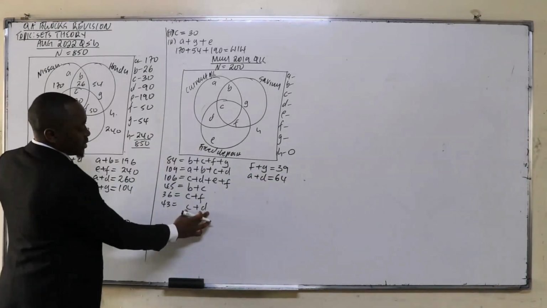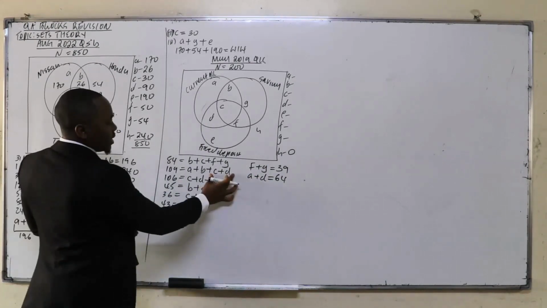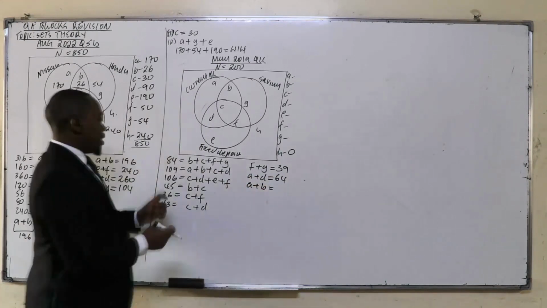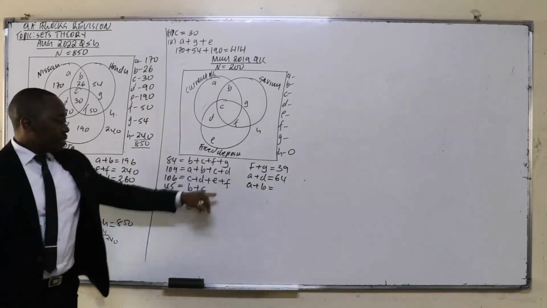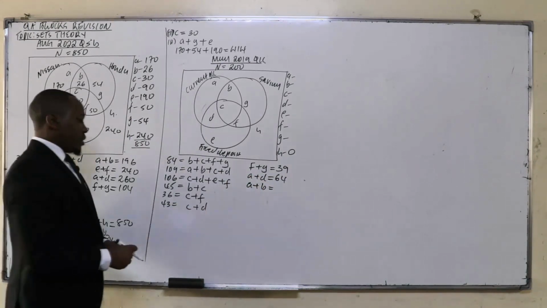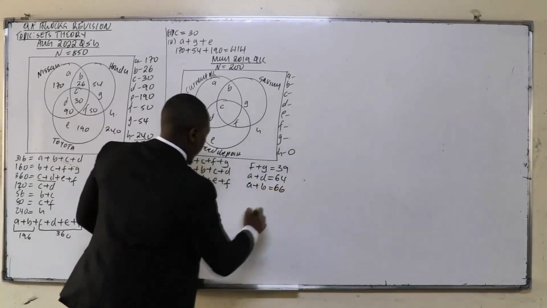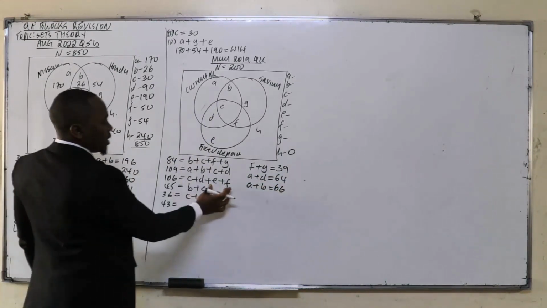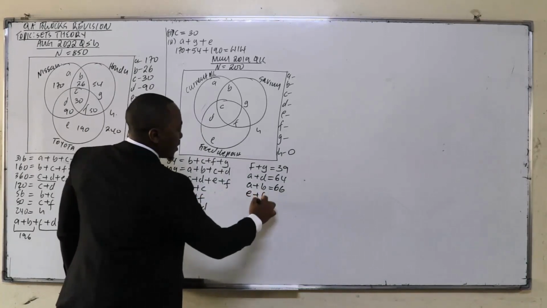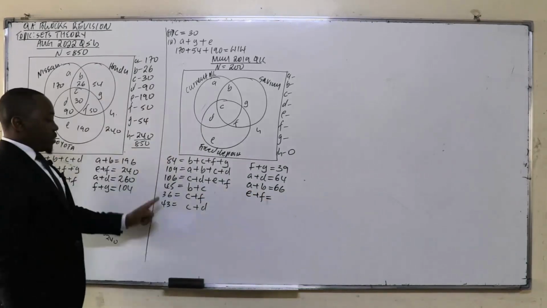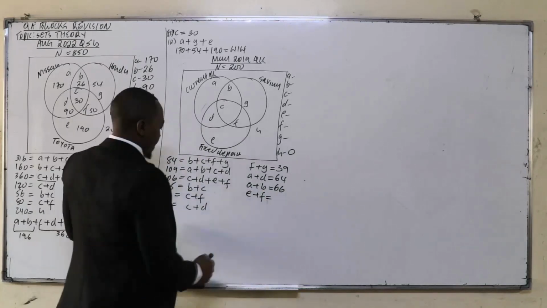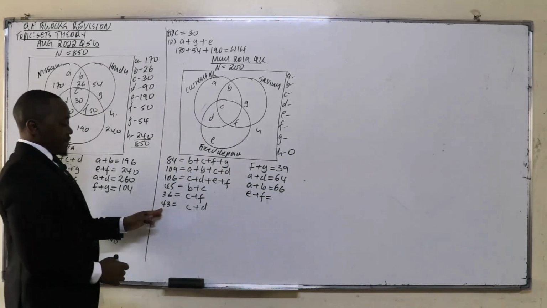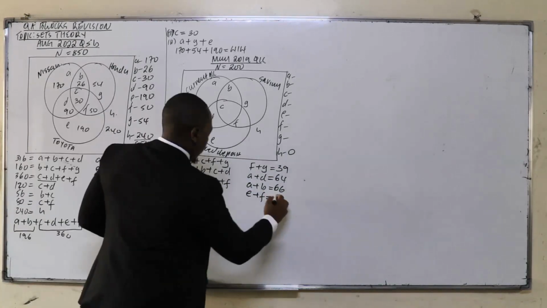Here we have CD. CD, that means we can get A and B. So to get A and B, you take 109 minus CD, which is 43. How much is AB? 66. CD also means we can get E and F. So you take 106 minus 43, you get 63.